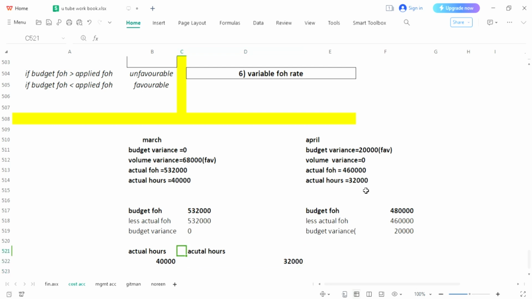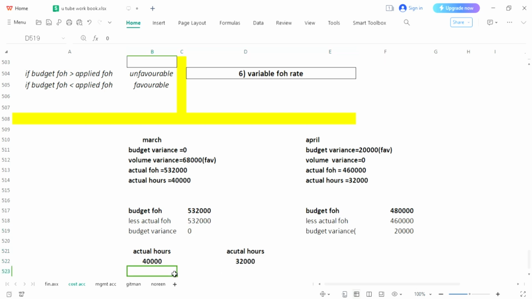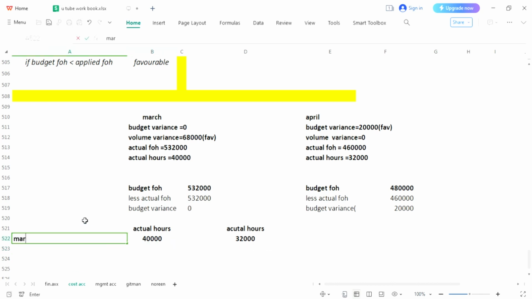Again, the next thing which we should understand, hopefully you can understand, is that budget FH for March and April has also been provided. We have calculated it over here. Actual hours for March, we should mention over here, 40,000.